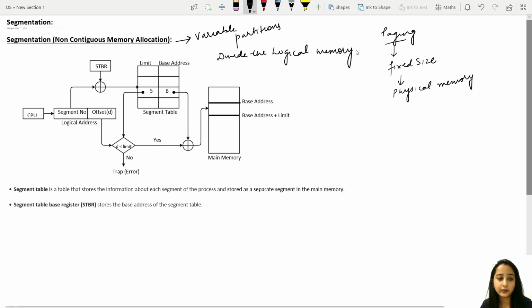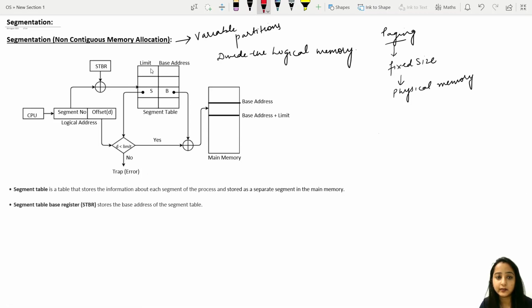So here we have some terms. First one is the segment table. This segment table contains two columns. First one is limit and second one is base address. Here this is the logical address.